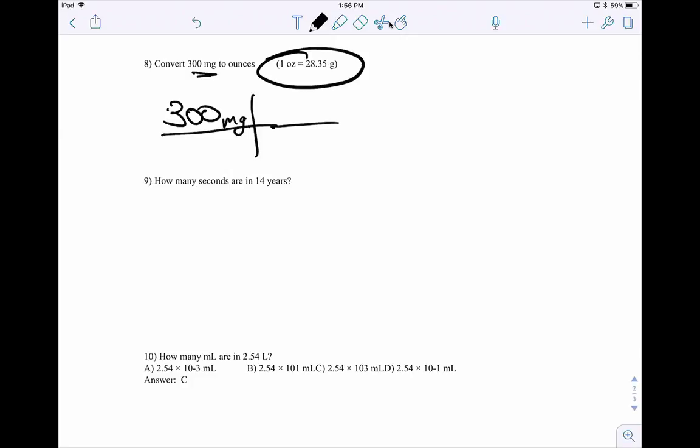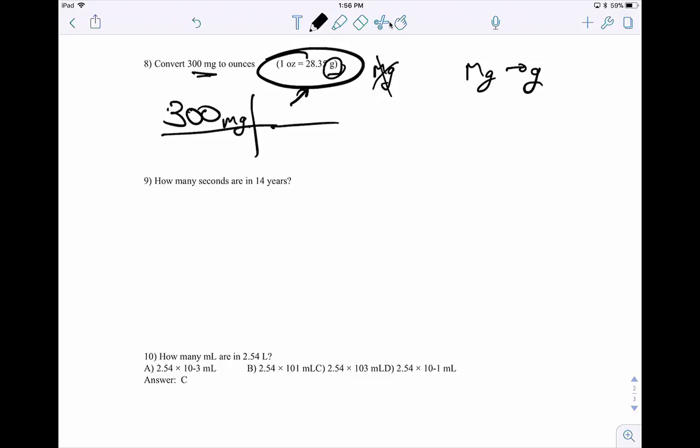And we know that there is 1 ounce in 28.35 grams. But notice this says grams. This does not say milligrams. So we need to convert milligrams over to grams to be able to use this factor that they gave us.